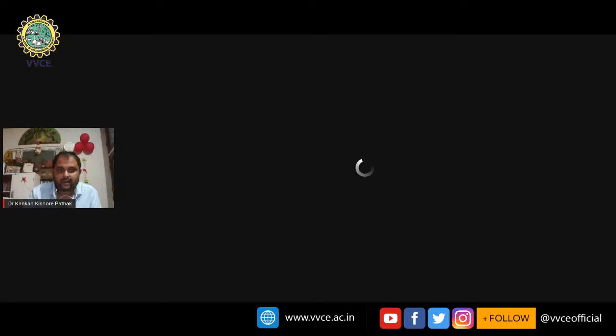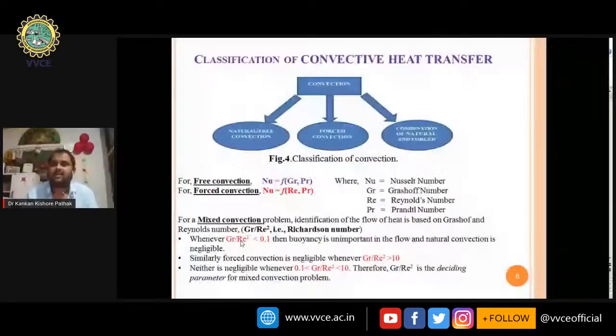If you find that Gr/Re² is less than 0.1, that means the buoyancy is unimportant there, so we need not go for natural convection, and we can neglect it. Now, in the case of forced convection, whenever this number is small, we can use that. Mixed convection is significant whenever this number is between 1 and 10. Grashof number by Reynolds number squared is the distinct parameter for mixed convection studies.